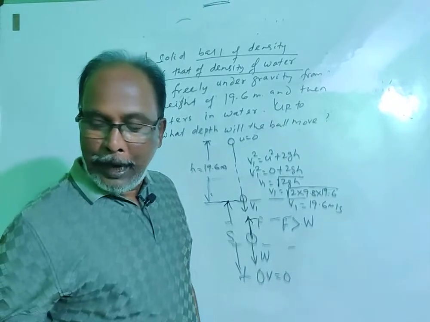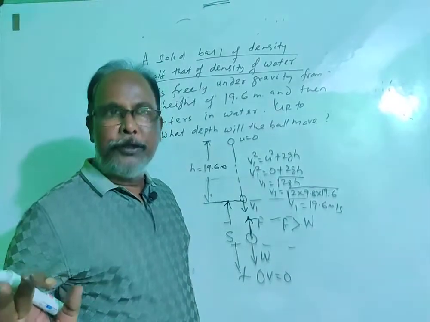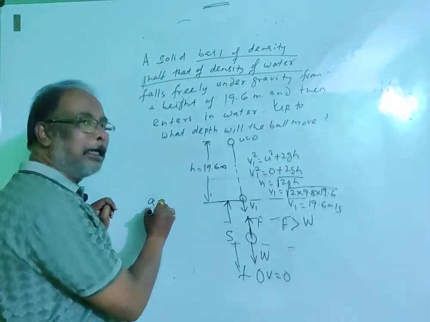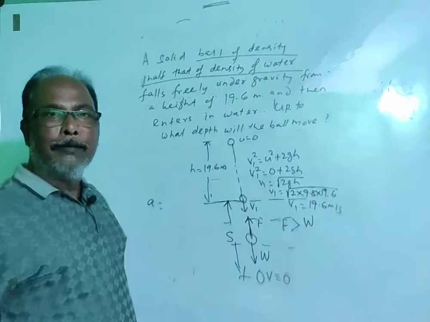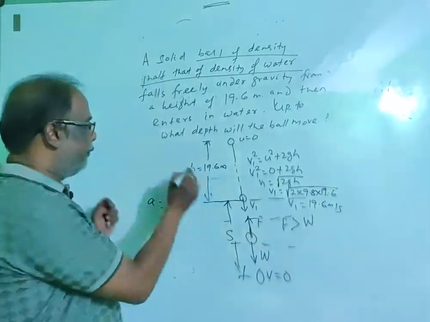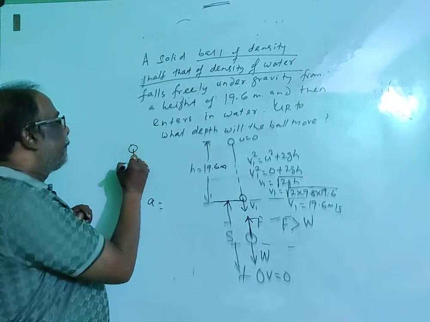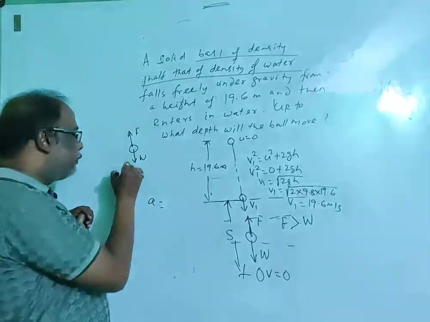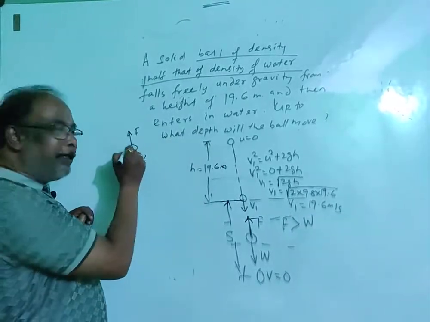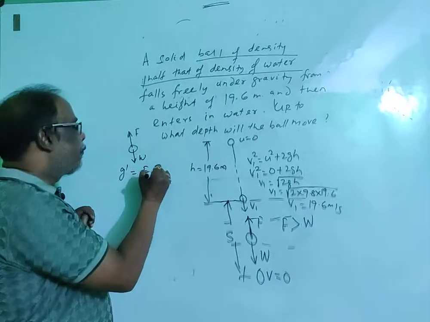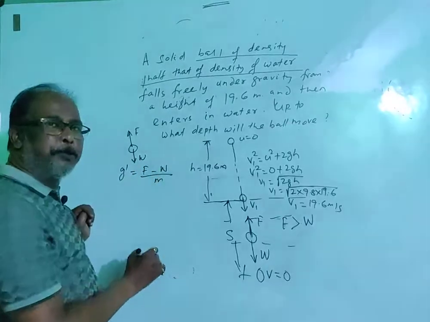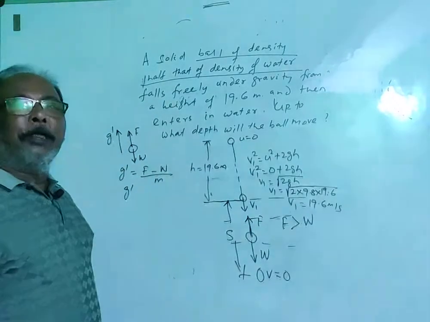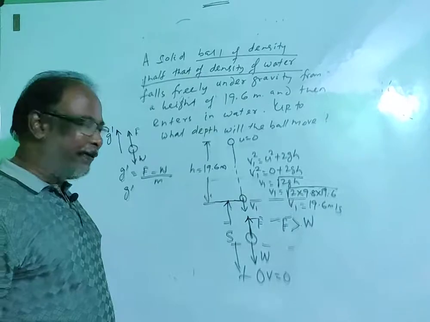Then, as we have discussed, here retardation, not acceleration. What is the formula for retardation? See, I am doing here again. Upward force, weight; downward force, weight. So resultant acceleration, means retardation, is equal to upward force minus downward force by mass. So resultant acceleration in upward direction means this is retardation.